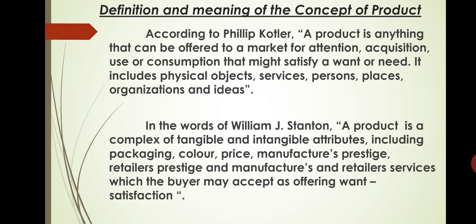So a product is a sum total of physical, economic, social and psychological benefits. A product may be physical goods, a service, a plan, an idea, a place, an organization, or even a person.